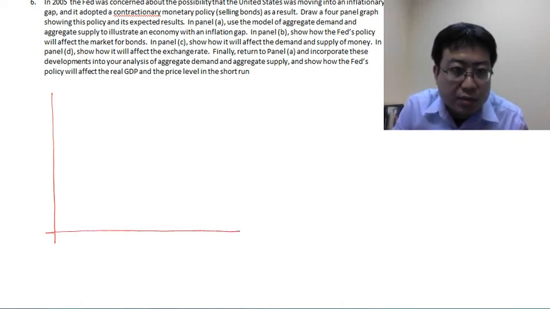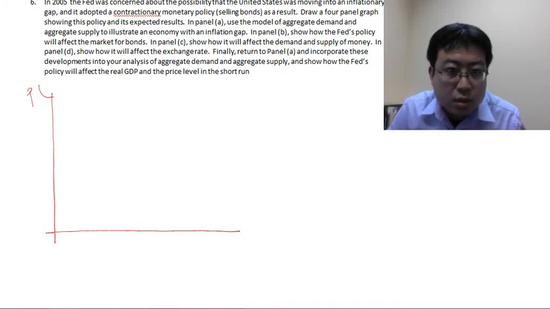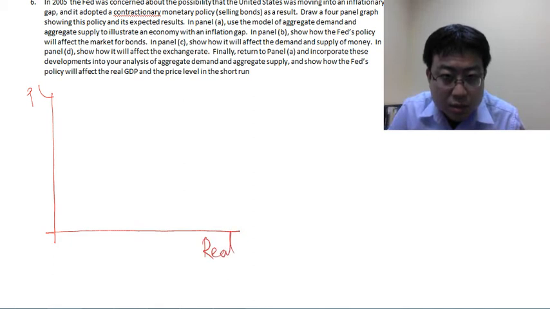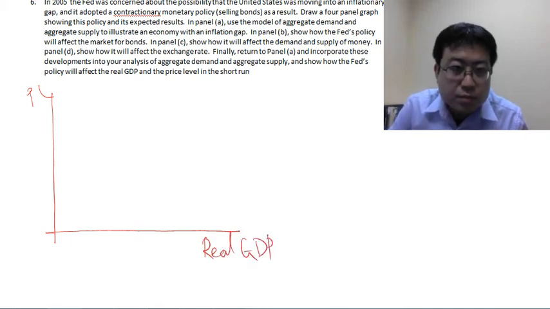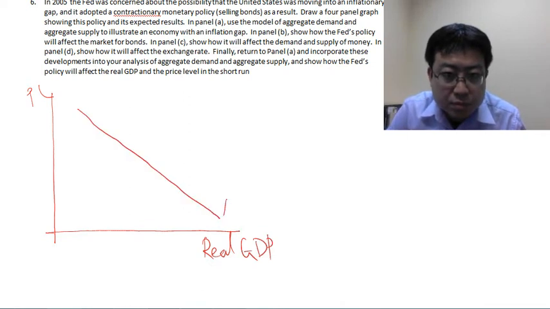Okay, let's call this one price level. This will be our real GDP. Aggregate demand curve. Our long run aggregate supply curve.